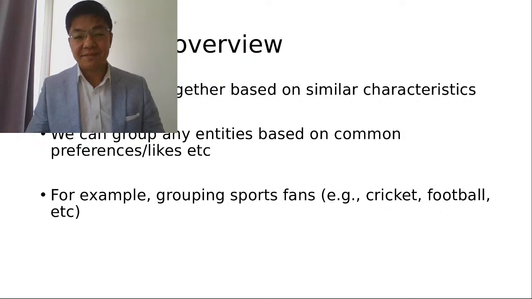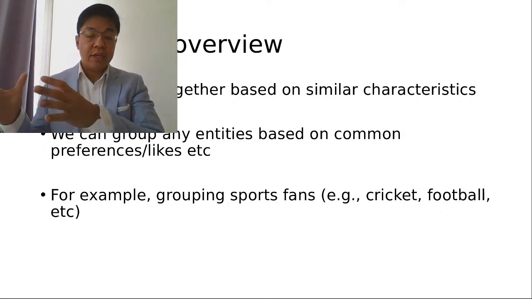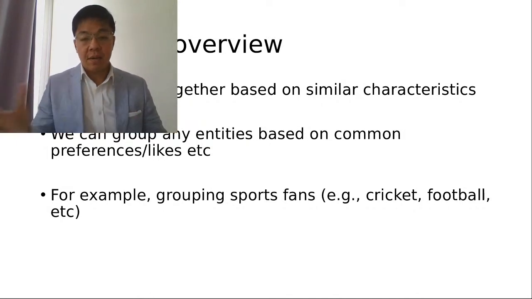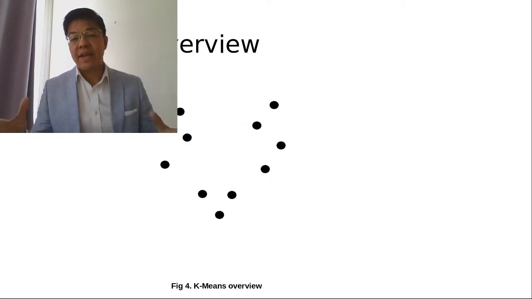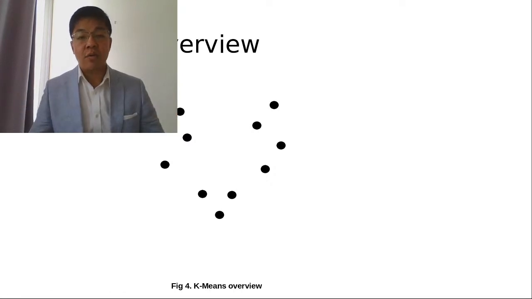You get the idea. That's how we do grouping in real life. When we apply it in machine learning, it becomes clustering. As far as clustering algorithms are concerned, there are a wide variety of clustering algorithms that we use in data science.